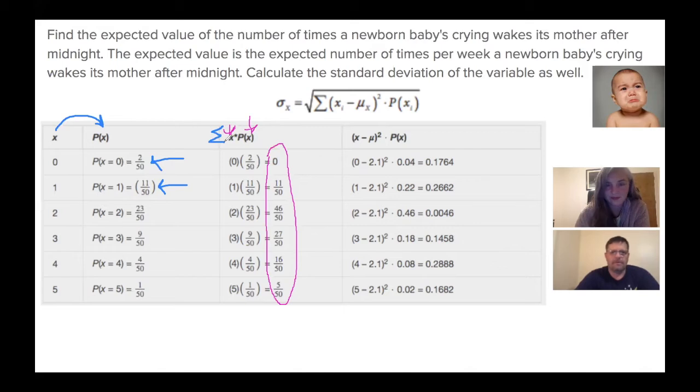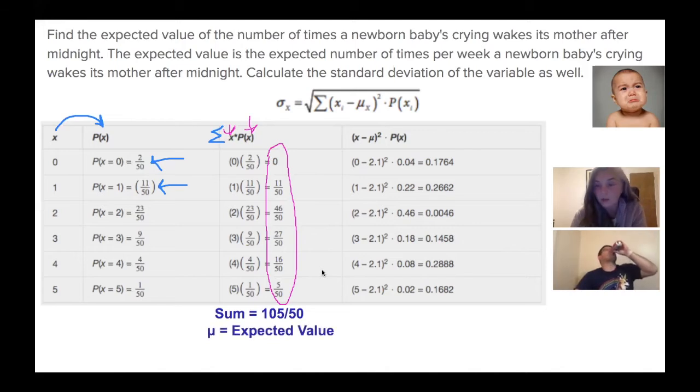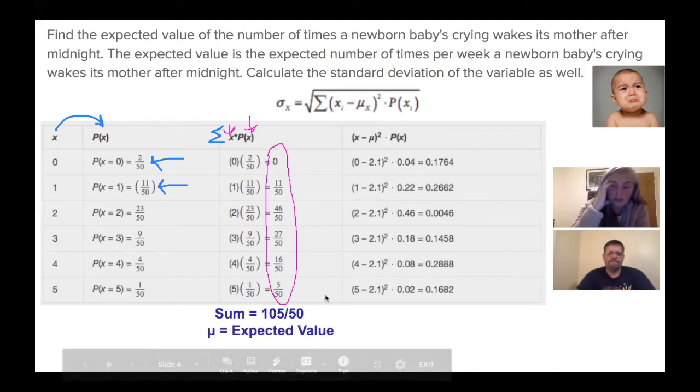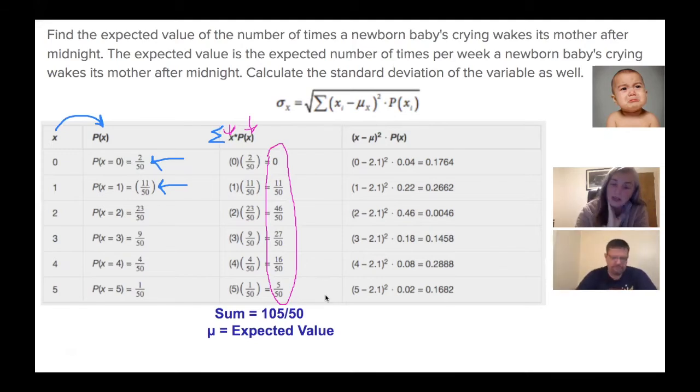All right. So do you have that already on here, or is that on the next page? I do have it on here. You had it annotated on here. She added them up and got 105 over 50. And guys, it's perfectly fine for you to leave it as 105 out of 50 on an open response question. If it's multiple choice, they're probably going to reduce it, or maybe not.